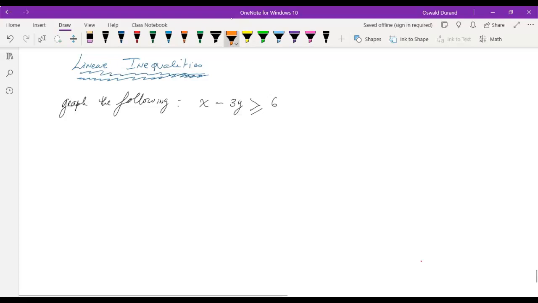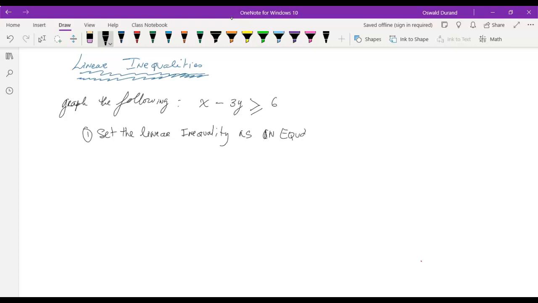All right, so what is the first thing to do? The first thing we have to do here is to set the linear inequality as an equation.